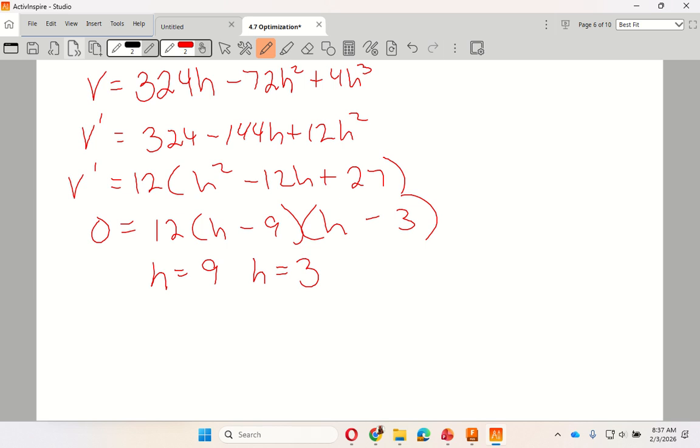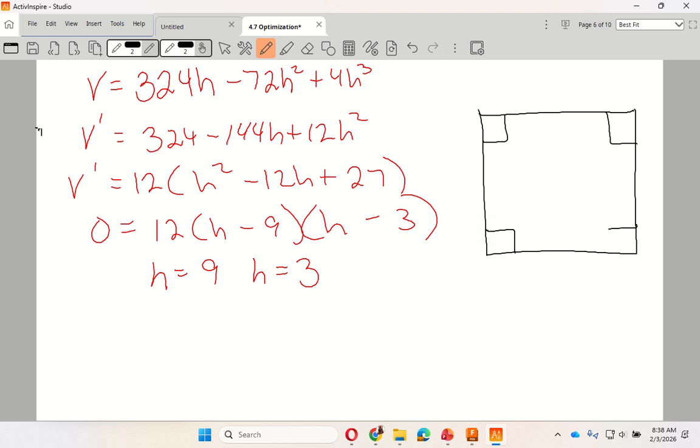Now, let's go back to our shape. Okay, so I have two possible answers here. Let's start with the first one, h equals 9.